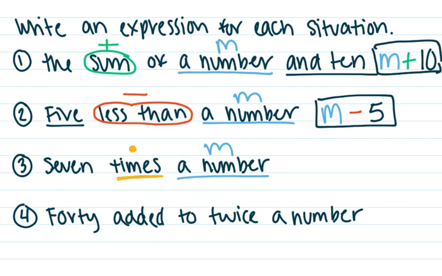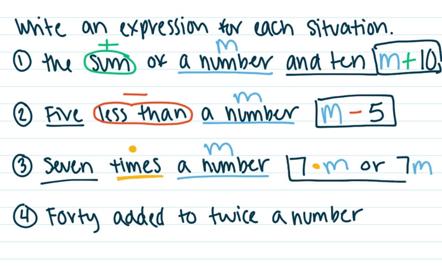Times is multiplication, and I'm taking my number 7 and multiplying it times M. And remember, another way that I can write this is I can just write 7M together. And again, we want to get used to seeing it that way, because as we progress in our math, that is how they're going to be writing it. They'll be taking away that multiplication symbol there.